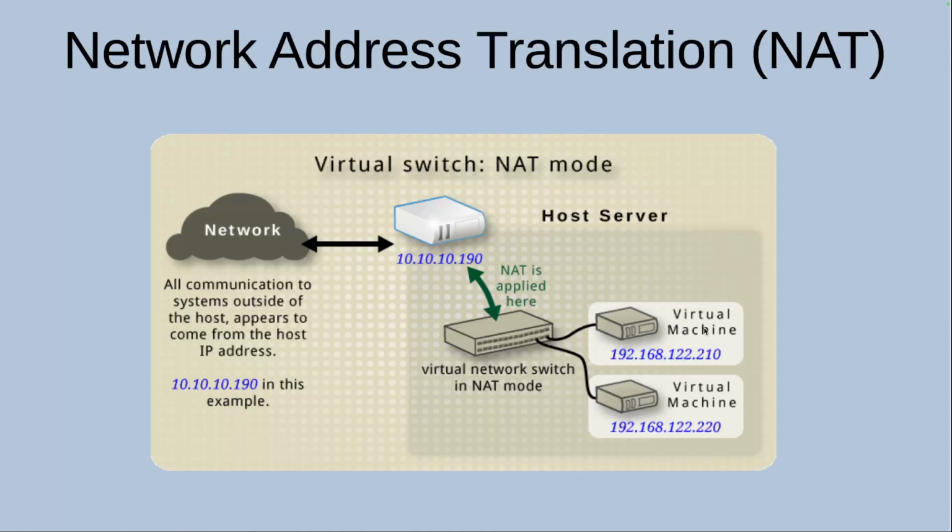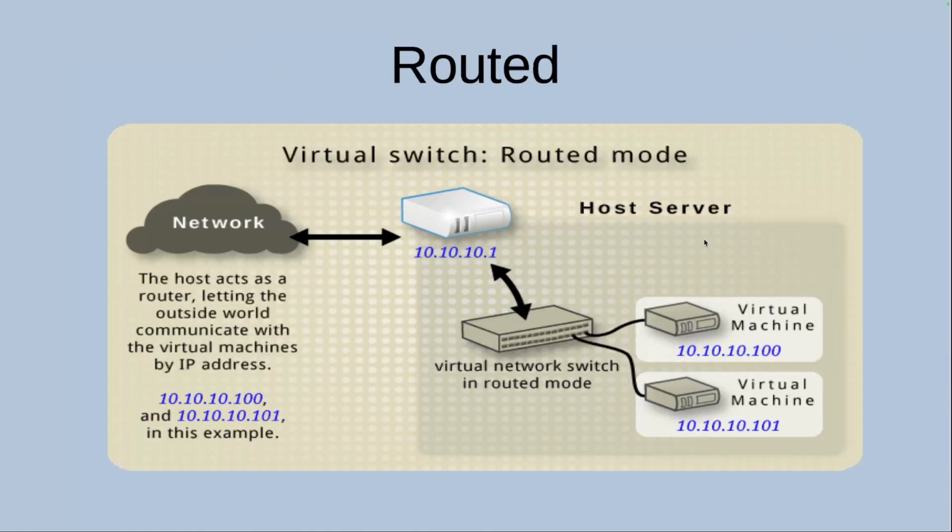Basically, it's going to translate these so they can access the internet, and then when it comes back to the host server, it's going to be like, yep, this one goes to 192.168.122.210, and maybe this other packet goes to 192.168.122.20. This again is the actual default setup. And as it says here, all communications outside of the host appear to come from the host IP address. So let's go to the next slide.